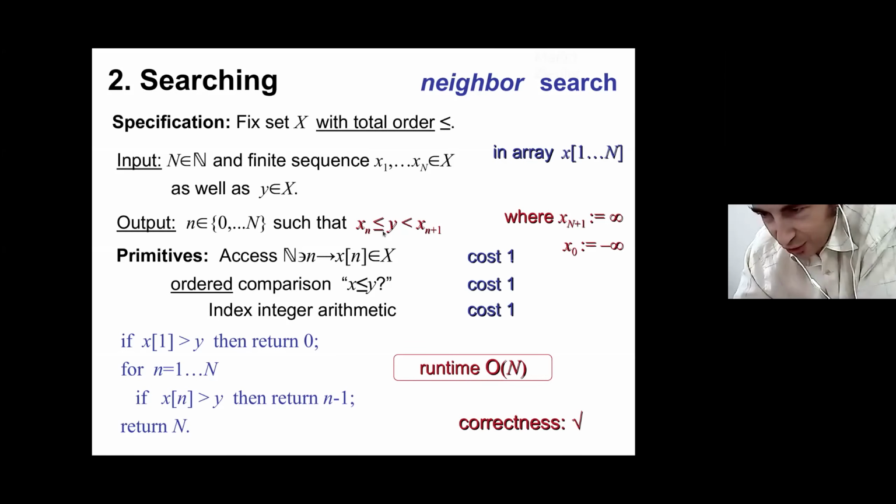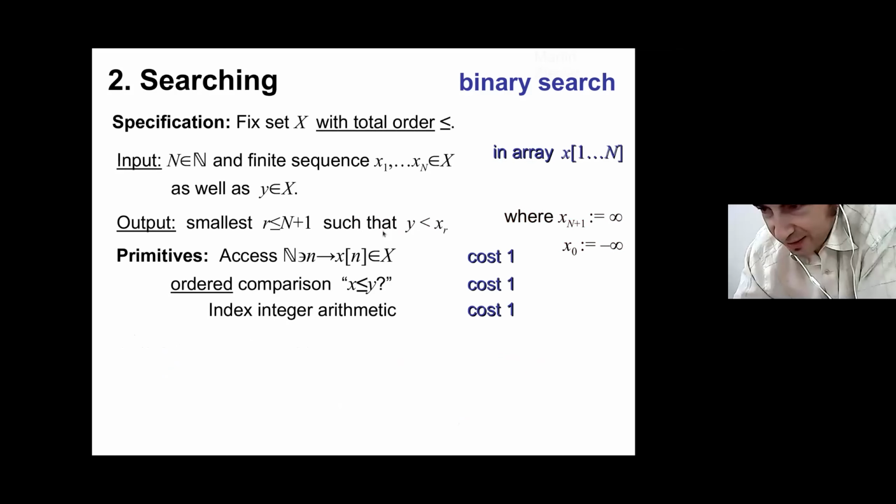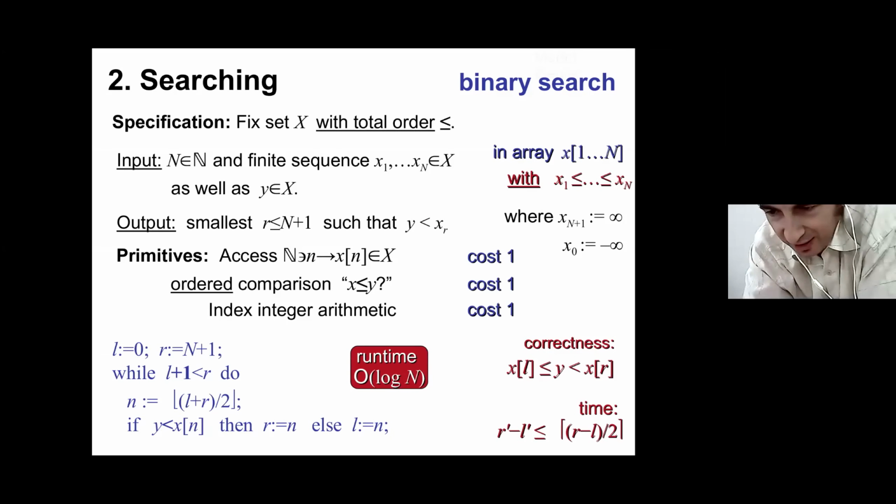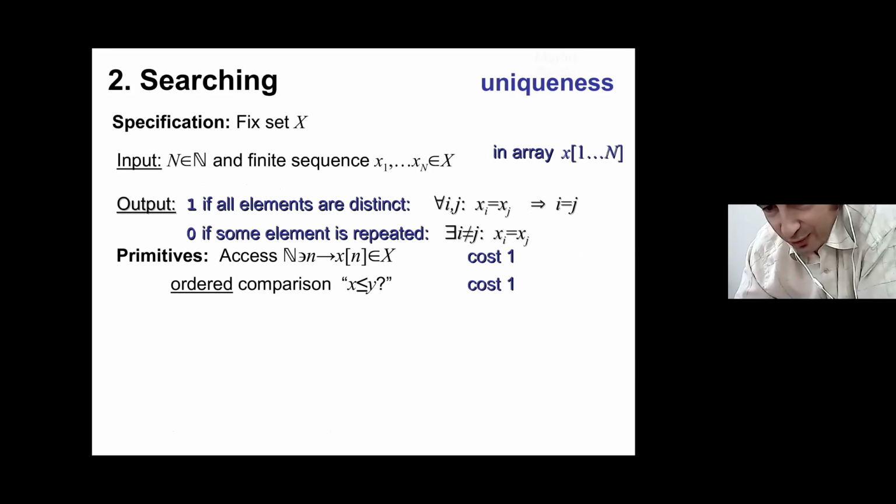This is also linear, but if we impose an ordered array, then we can use binary search. The idea was to always compare with the middle element, and then we saw that we can make the time logarithmic.